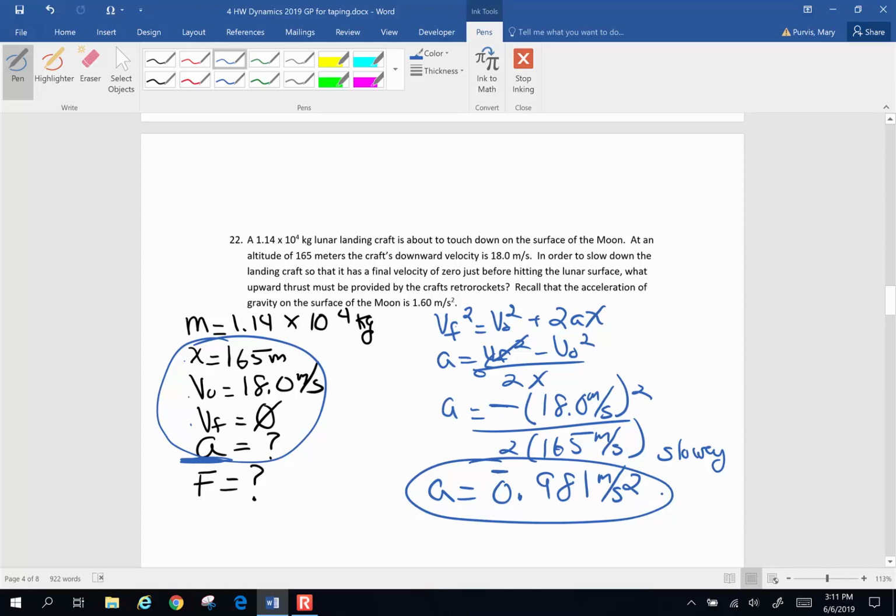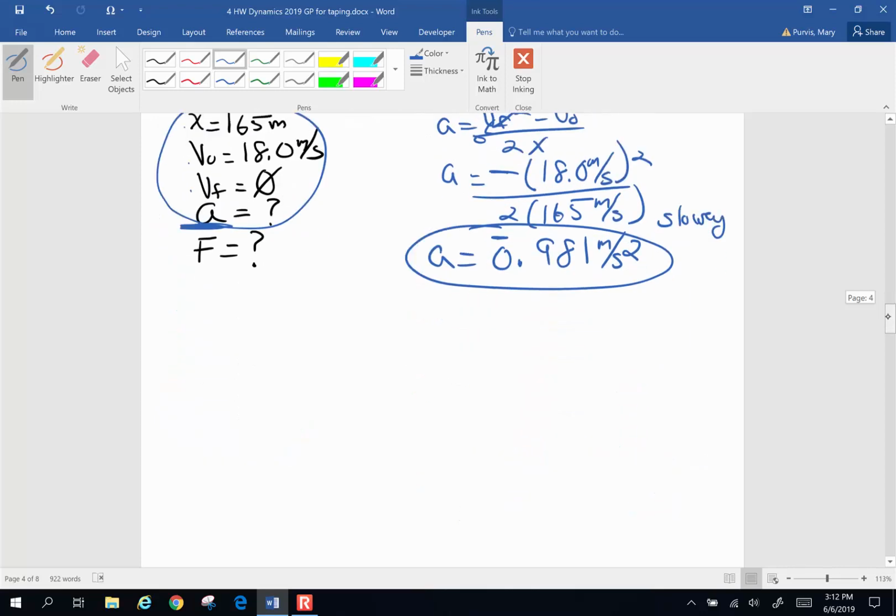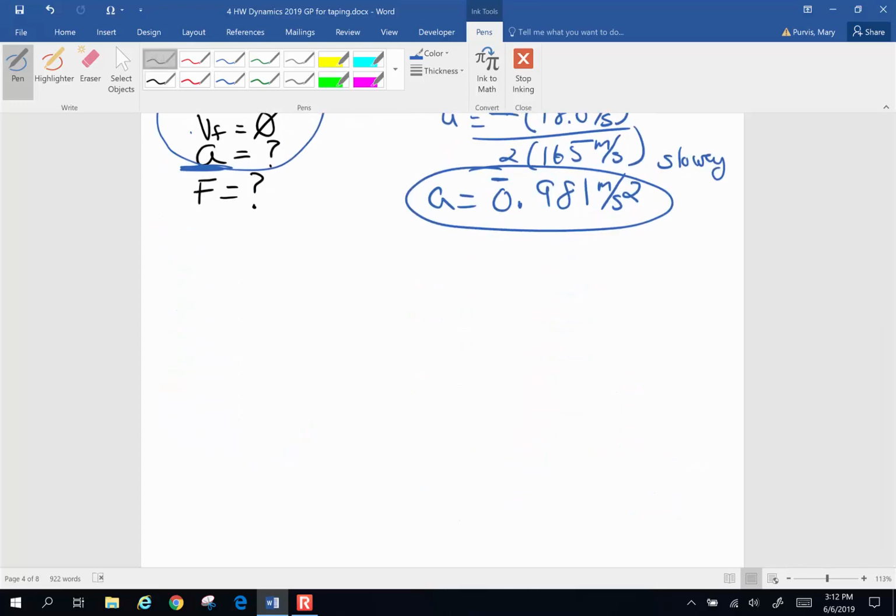Now, if I have that, we can use this to calculate the thrust of the rockets. So let's continue this forward, and we're going to have to come up with a picture and the forces on my rocket. So the force of gravity is going to be pulling downward, and we're going to have a force of the rockets pulling it upward, and we're going to have these equal m and a.